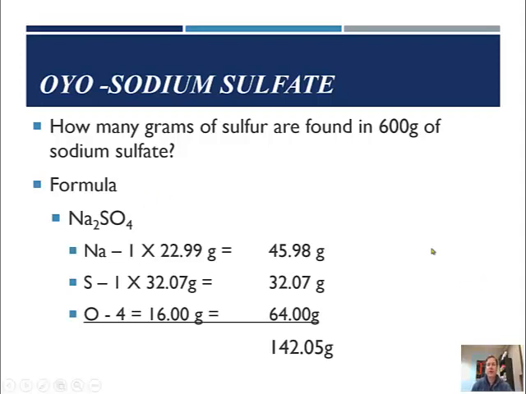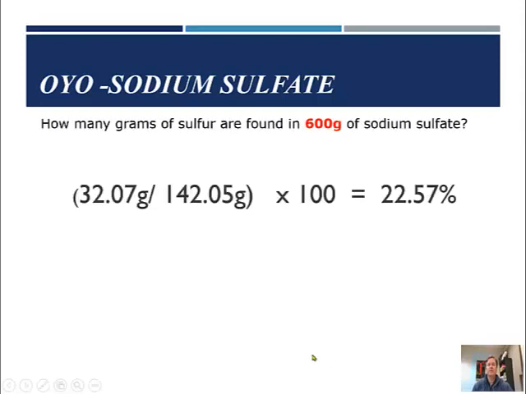To figure out how much sulfur is in this, really easy. We take our 32.07 and divide it by 142.05. So we know that in sodium sulfate, it's 22.57% sodium. Or excuse me, sulfur, not sodium. All those S's get me confused. Now we want to apply this to 600 grams.